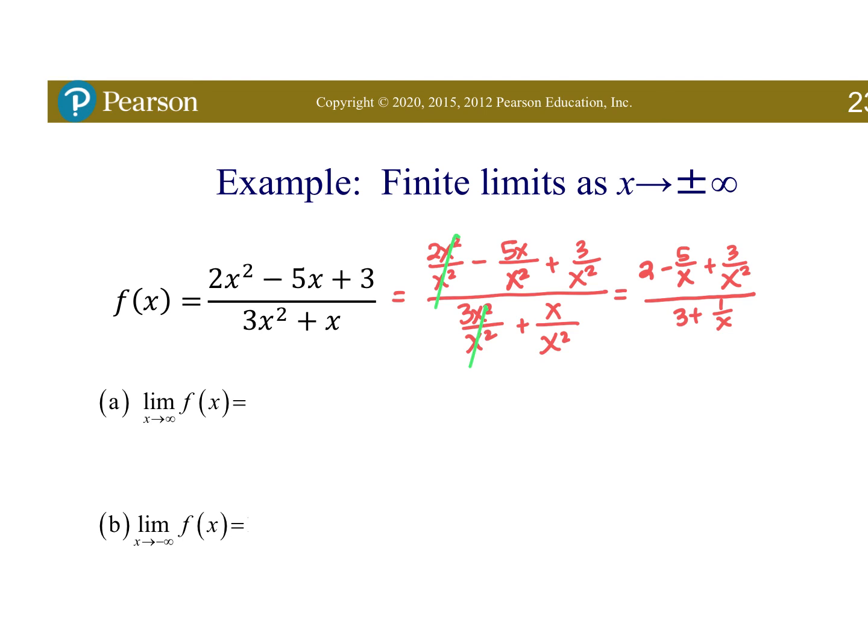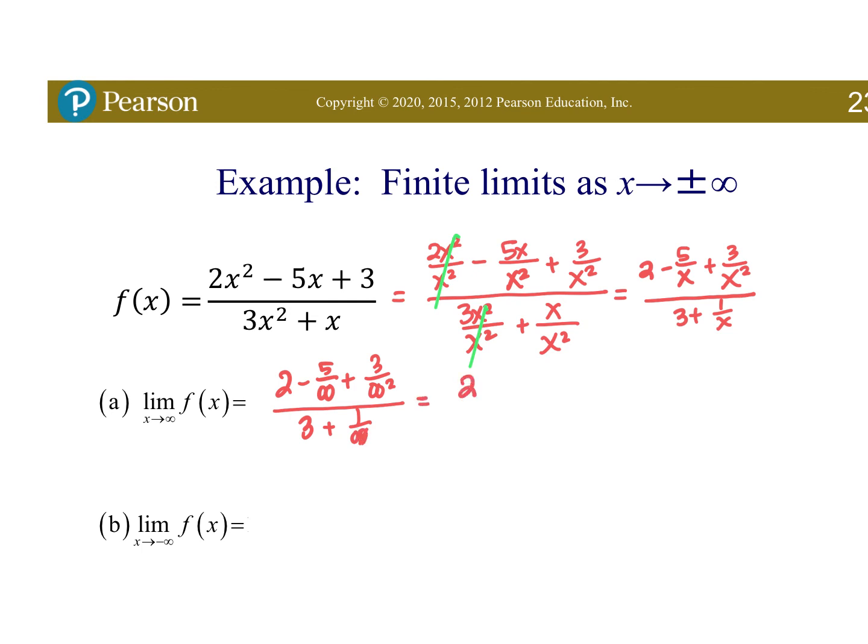Okay, and then we can put infinity and negative infinity into that algebraic expression. So what we'll end up with is 2 minus 5 over infinity plus 3 over infinity squared, and then 3 plus 1 over infinity.